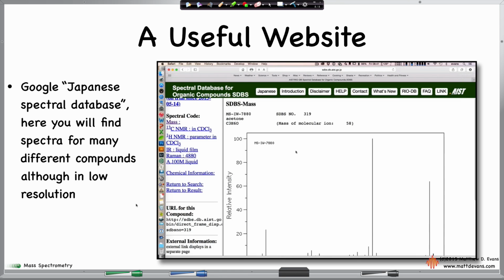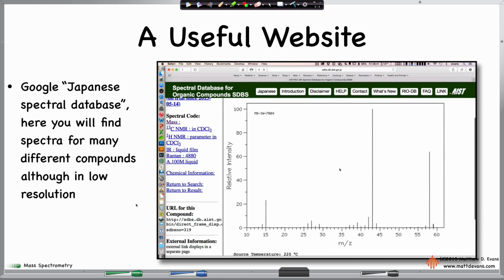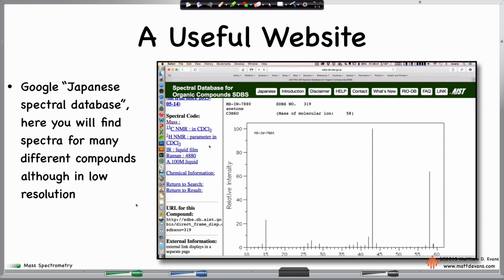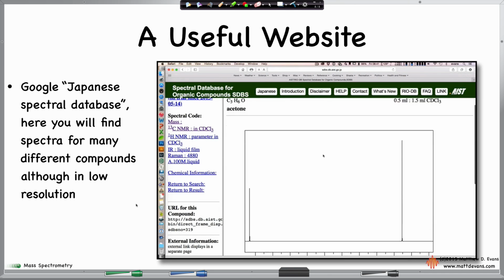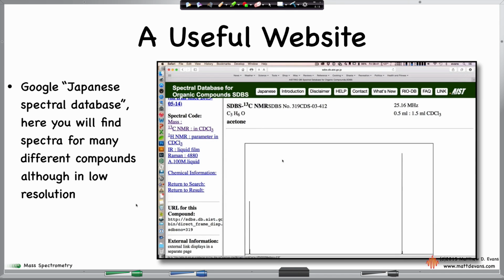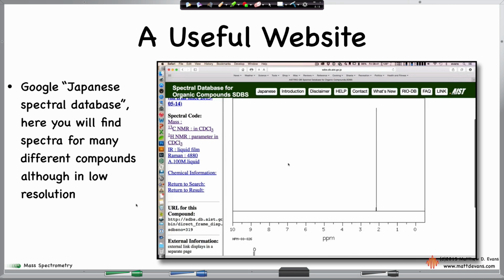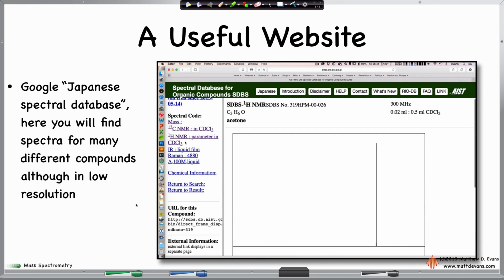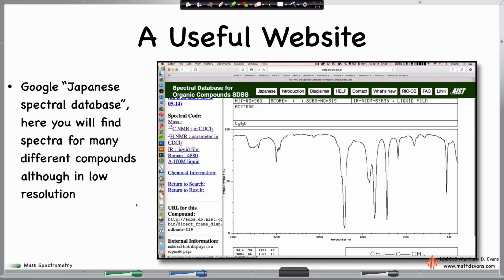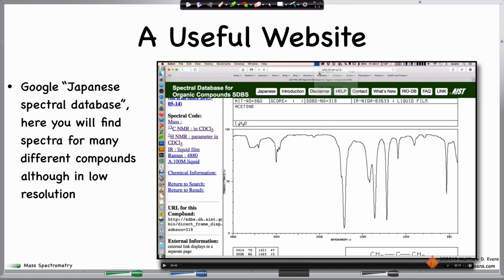Yes, I do. So here's the mass spectrum for acetone. And anything else really that you want, carbon-13 NMR, hydrogen NMR, mass spectrometry, infrared, all these things are typically given at this website. So very useful. I would highly suggest that you bookmark this website at some point. Okay, very useful, especially for the lab.